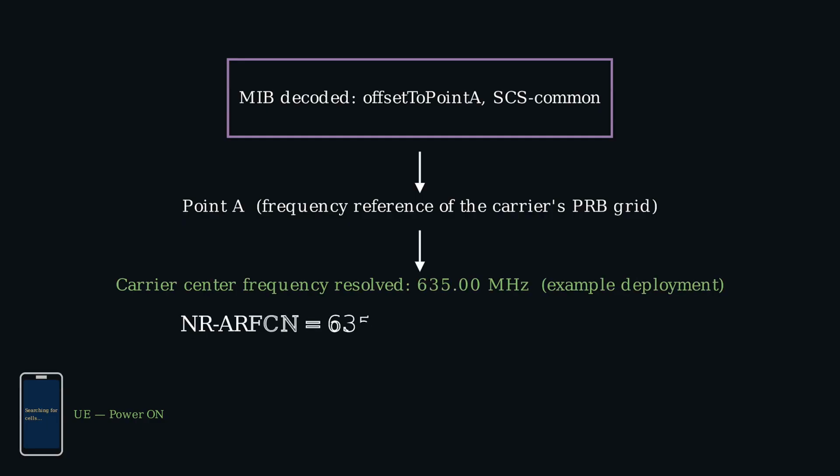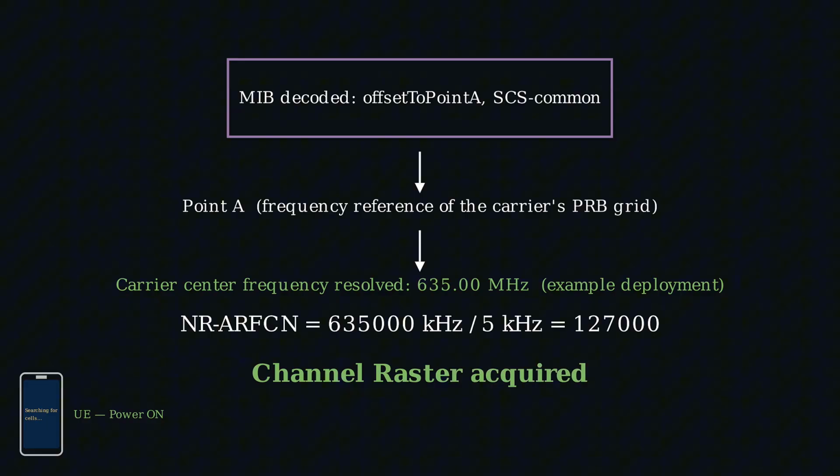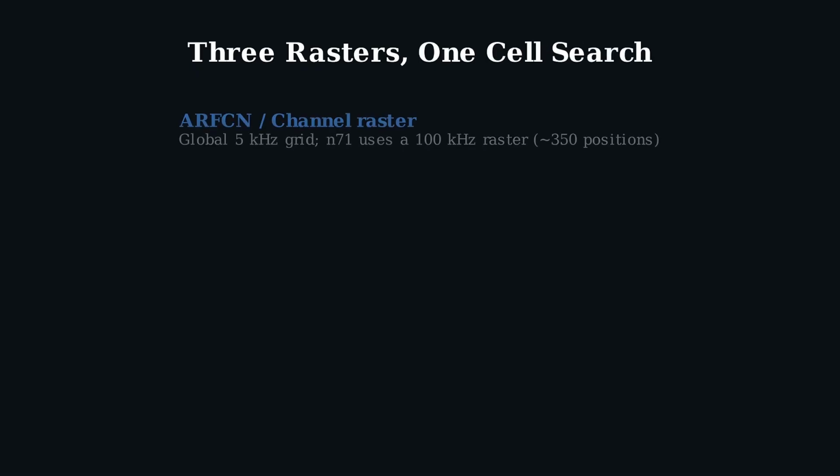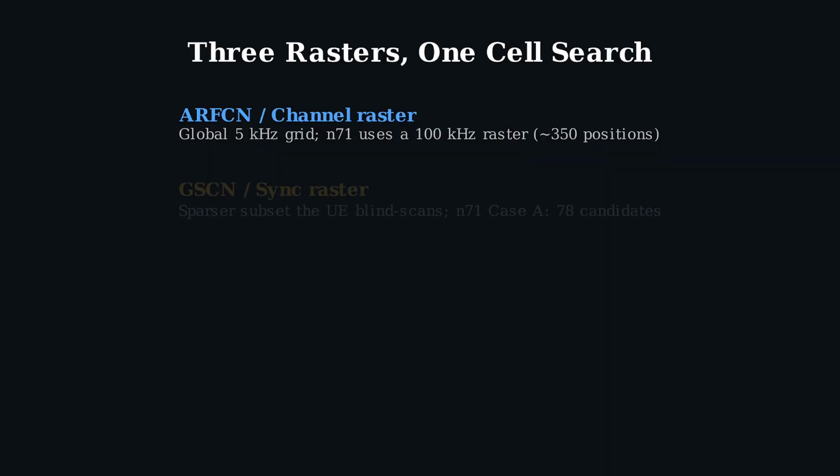Once the UE calculates point A, it knows the true center frequency of the deployed carrier, in this example 635 MHz, and then it can convert that back to an ARFCN value. Thus, the channel raster is resolved. The UE now knows precisely where the carrier lives.